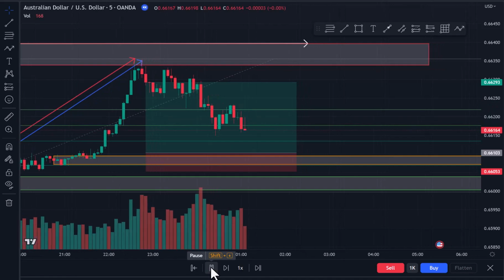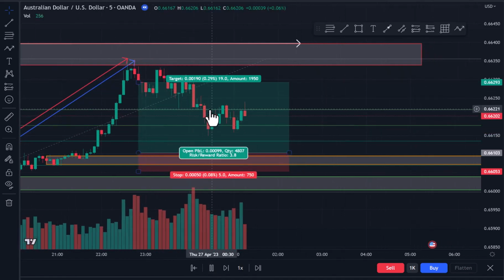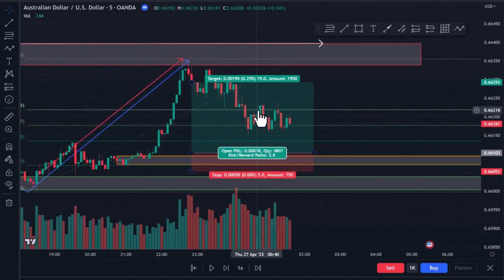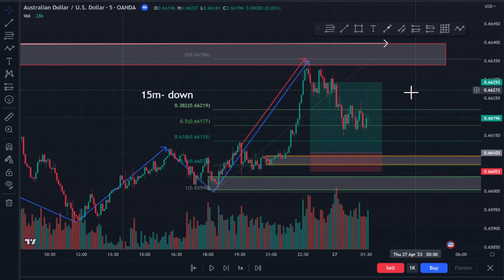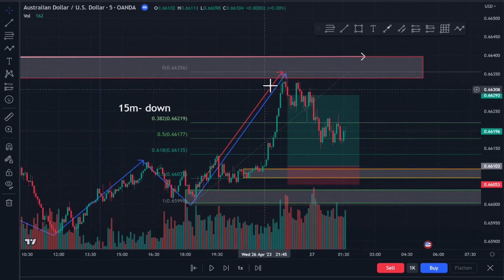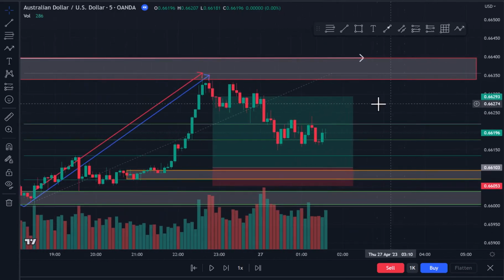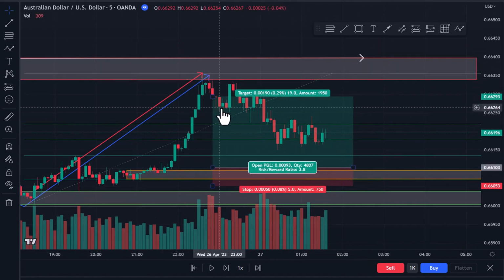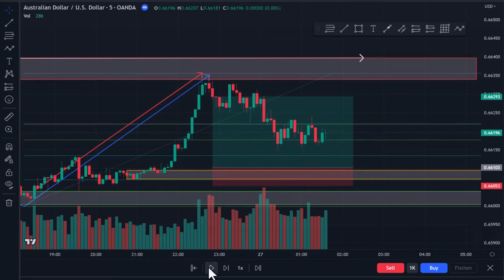And the 5-minute is creating a downward structure, so we should note that as well. 15 minutes down, the 5-minute, even though we're waiting on a pullback before it can break higher, we are seeing this inner structure. There is some downward pulses and pullbacks in that.